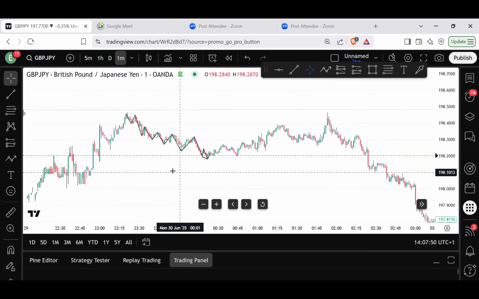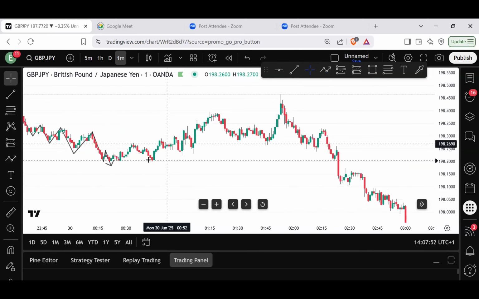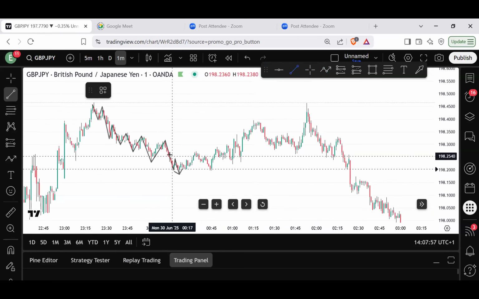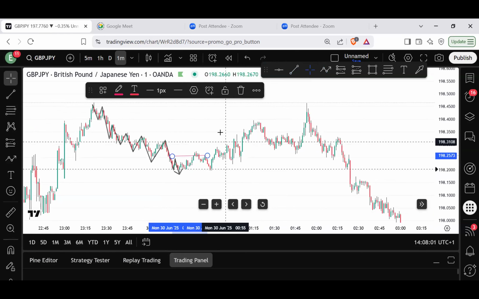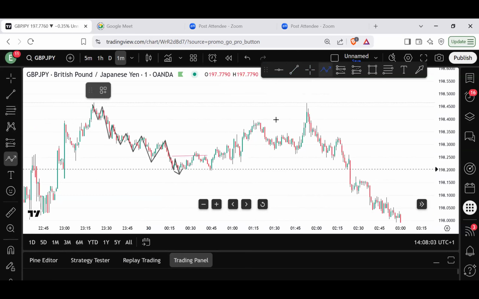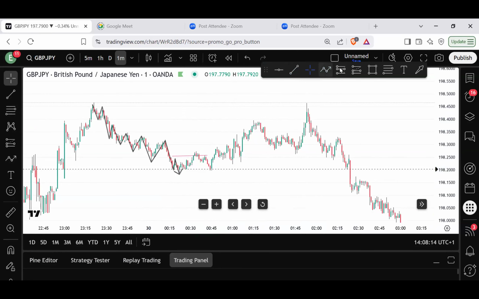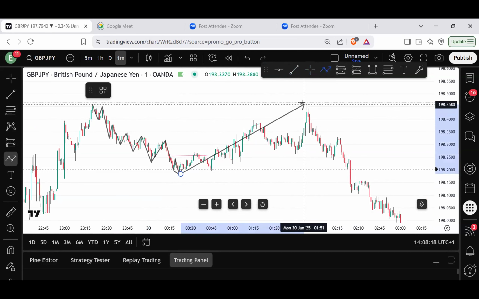Now we have the correction and the inducement. There's no need to mark every part, so I'll just draw a single line for the correction. It's all part of the correction.